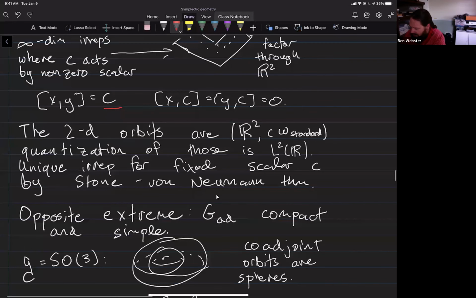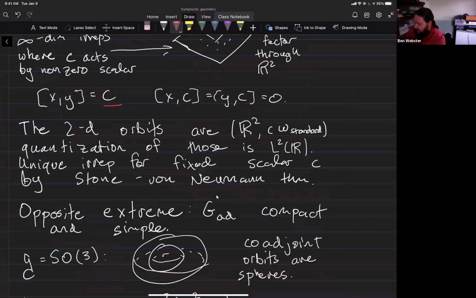So I could instead take a compact simple group and look at its Lie algebra and look at orbits in its Lie algebra. The classical example of this is SO3, or at the level of Lie algebras, that's the same thing as SU2.